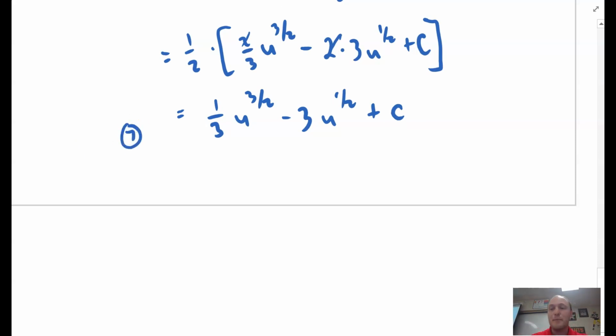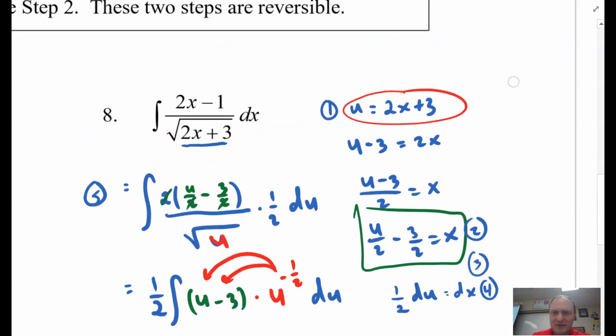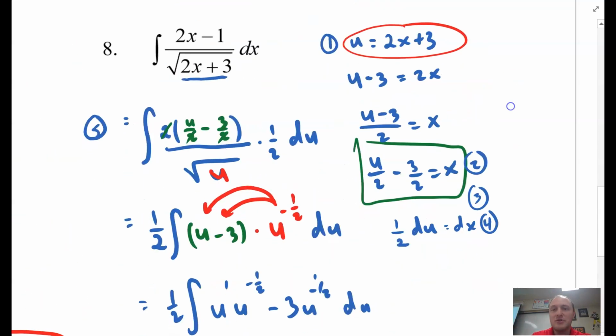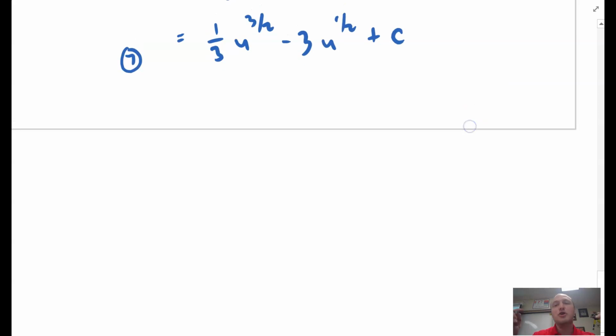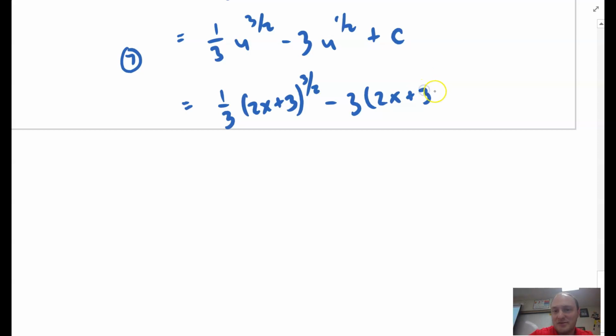We need to substitute back whatever u was, and I forgot because these problems are so long. U is 2x plus 3. It is 2x plus 3 to the power of 3/2 minus 3 times 2x plus 3 to the power of 1/2 plus c, and there is your answer.